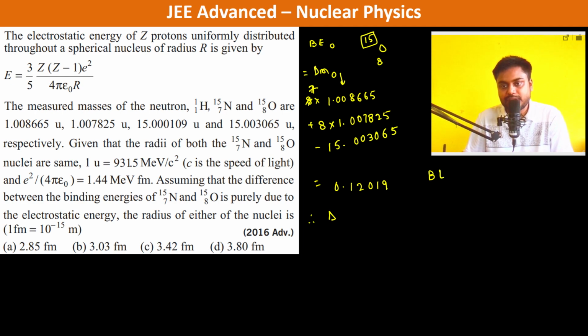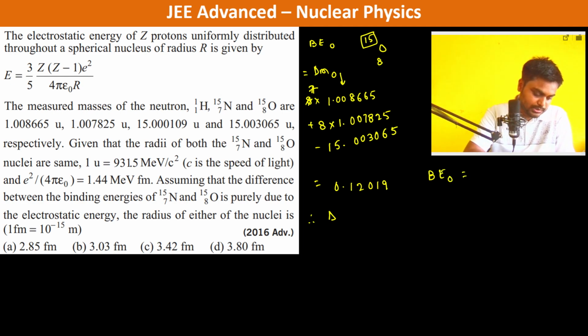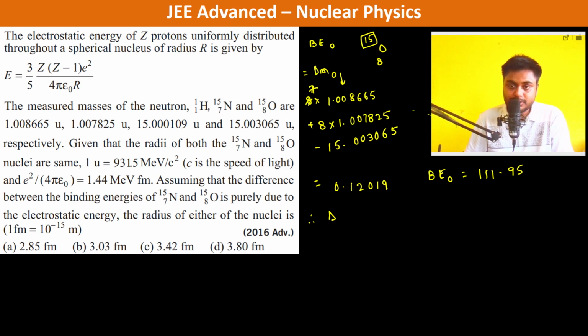So therefore the binding energy of oxygen is going to be this into 931.5, which is 111.956985 mega electron volts.